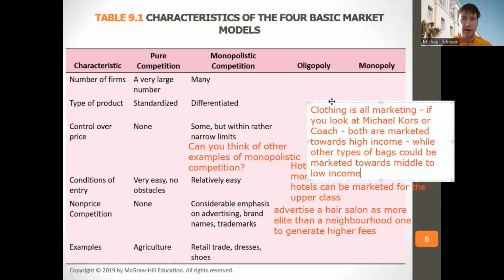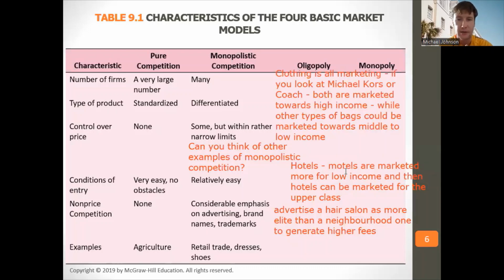Great examples. Excellent work, everybody. Hotels, clothing, hair salons, that fits it perfectly.